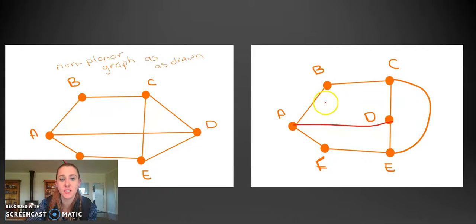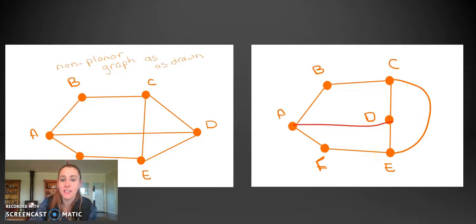Then we've got C to D and C round to E. We've also got E to D and E to C, and F to E, B to C, and so on and so forth.